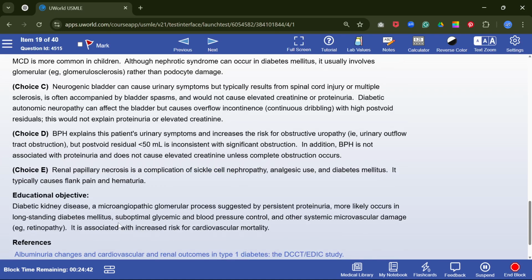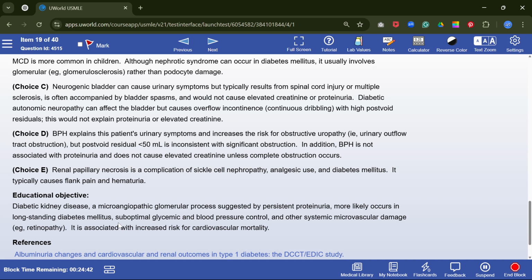Neurogenic bladder can cause urinary symptoms, but typically results from spinal cord injury or multiple sclerosis. It's often accompanied by bladder spasm and would not cause elevated creatinine or proteinuria.